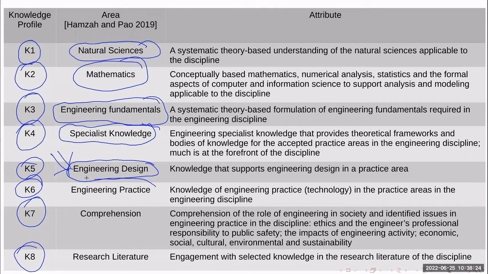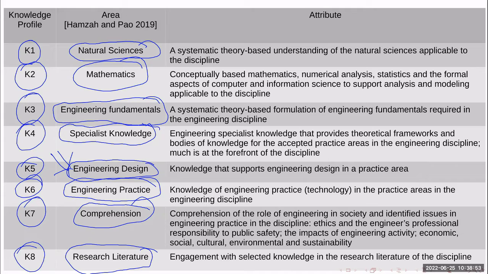K6, engineering practice. So here, on the third column, you're seeing more description about that knowledge profile. Like K6 is knowledge of engineering practice, technology in the practice areas in the engineering discipline. K7 is comprehension, and K8 is research literature. It's related to literature review.